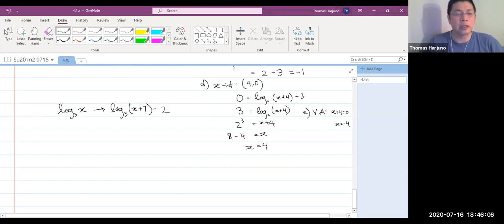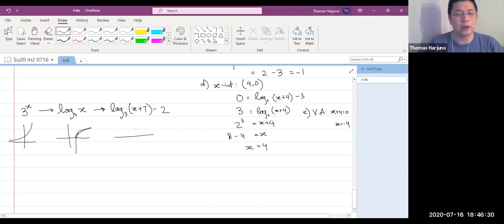So basically, for you to find the graph of log base 3 of x, you need to first know what the graph of 3 to the x looks like. 3 to the x is an increasing exponential function with base 3. So when you do the log base 3 of x, it will be something like this.